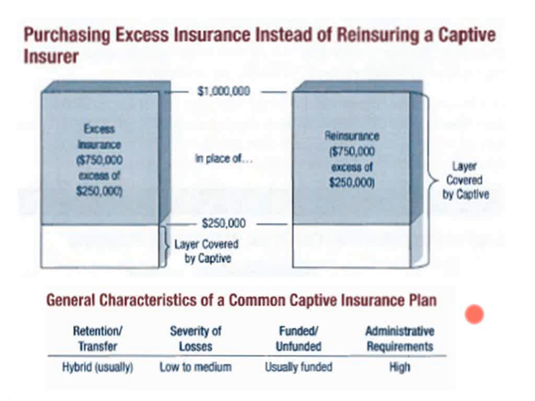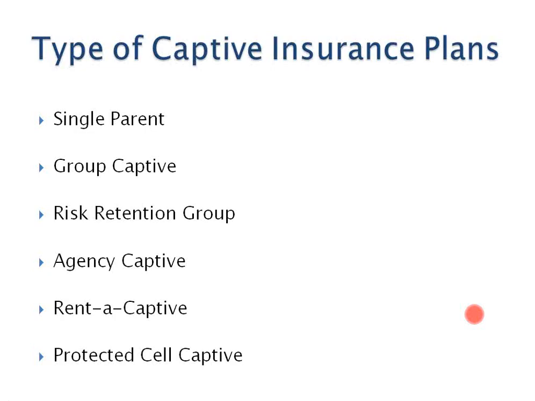It's just much more involved when you form a captive. So that's usually why you see most large organizations, like a Home Depot, a Safeway, Walt Disney, almost all of them are going to have a captive to manage their programs.